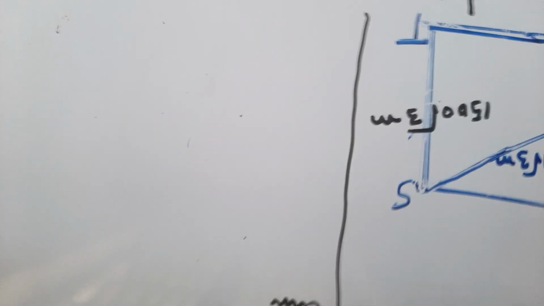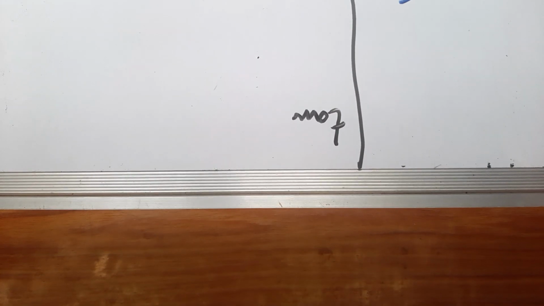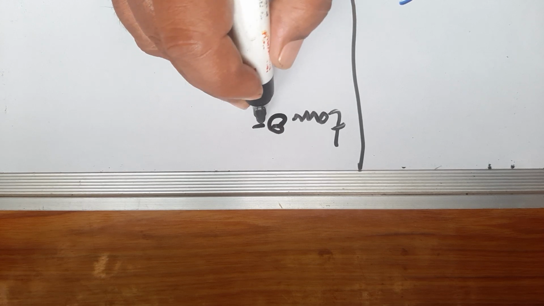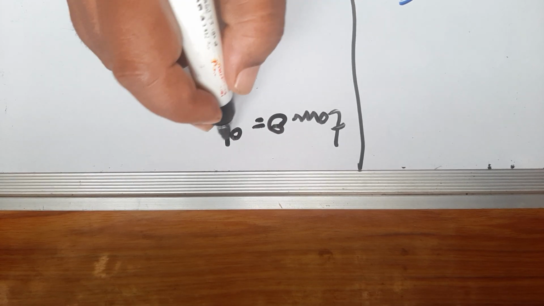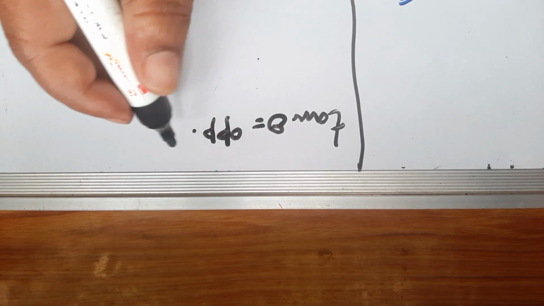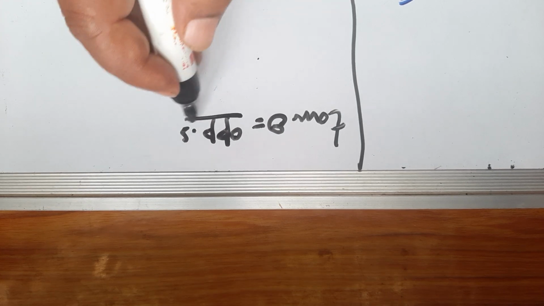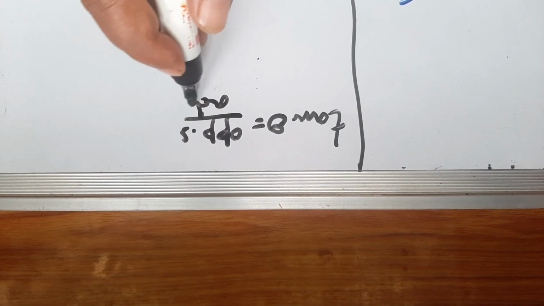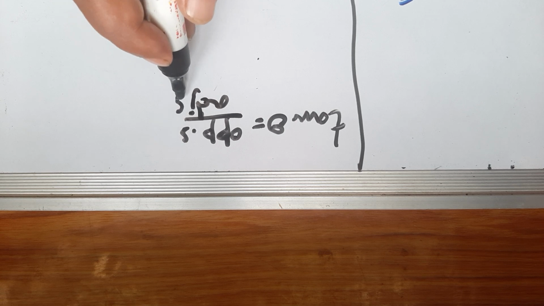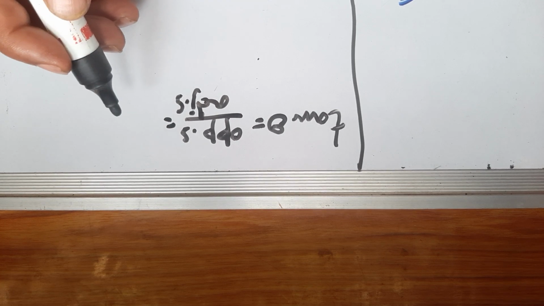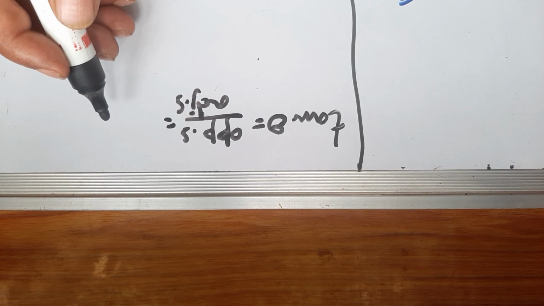What is tan theta, children? Tan theta is equal to opposite side by adjacent side. This is the standard concept.